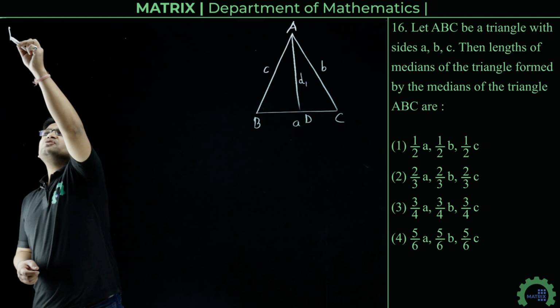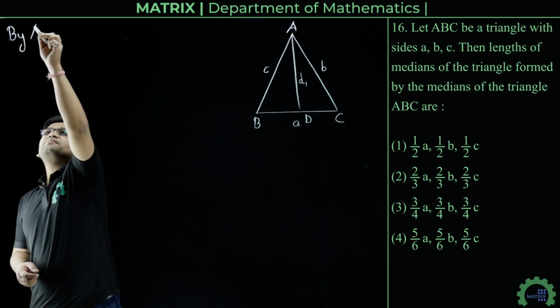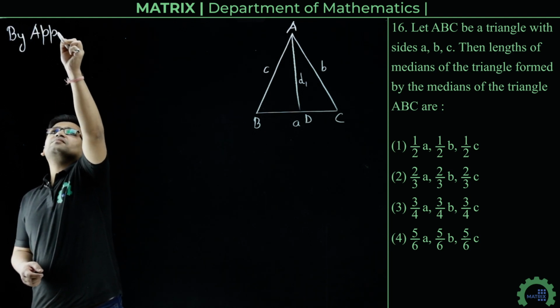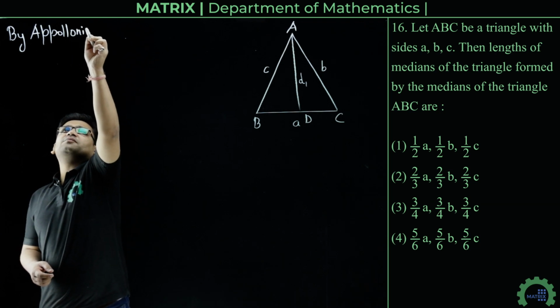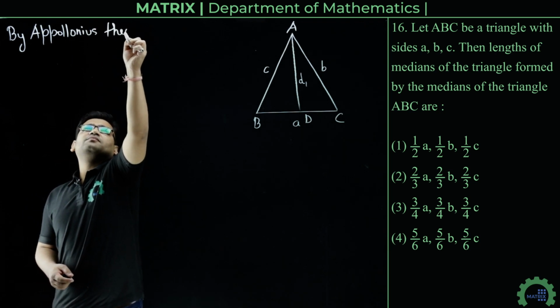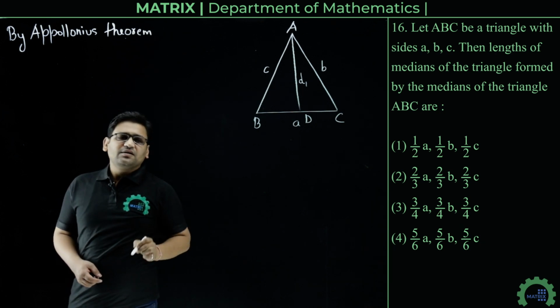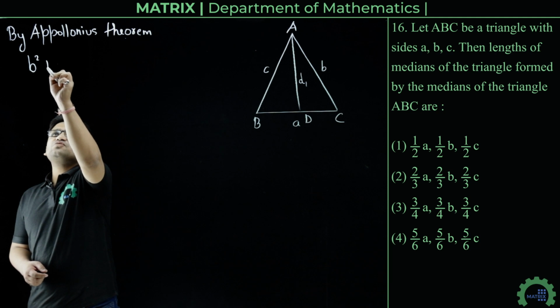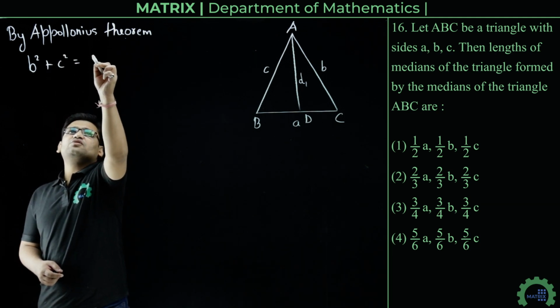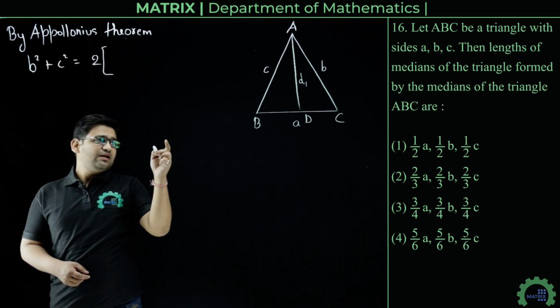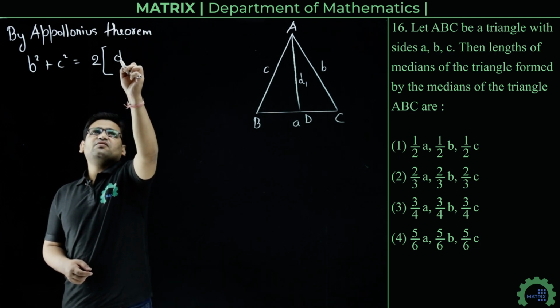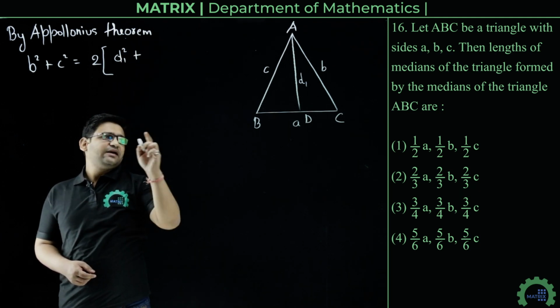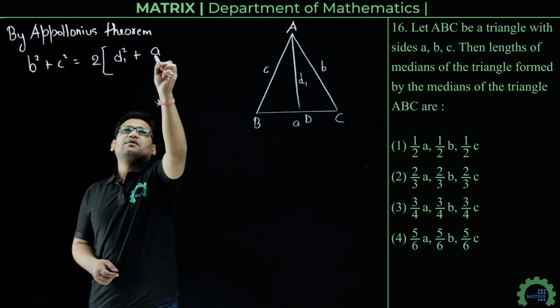So by Apollonius theorem, we can say that b square plus c square will be equal to 2 times of d1 square, that is the length of the median, plus a by 2 whole square.